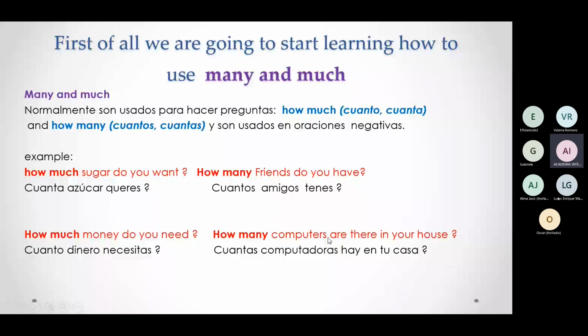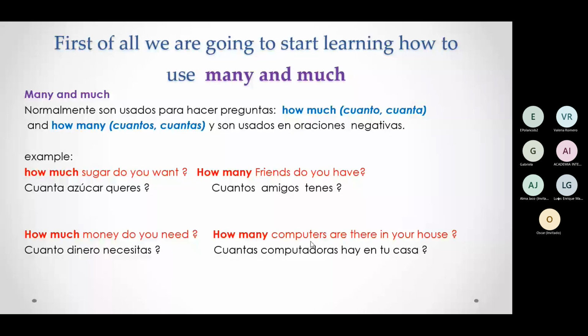Yeah, that's correct, but you are not pronouncing the letter S at the end of computer. It's computers, plural. Can you read that again? How many computers are there in your house? Yeah, that's correct.